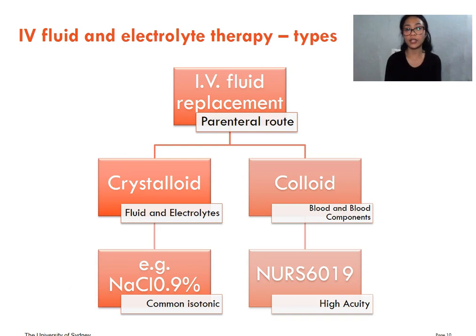So we're giving IV fluid replacement through vascular access devices like cannulas, as I've described, and fluid and electrolytes this way can be replaced directly into the bloodstream rather than the digestive system, through infusion.